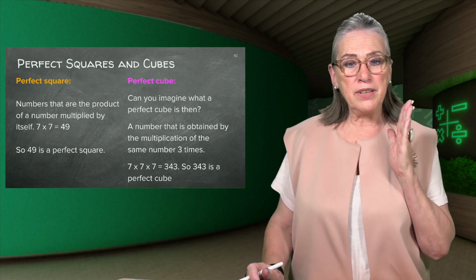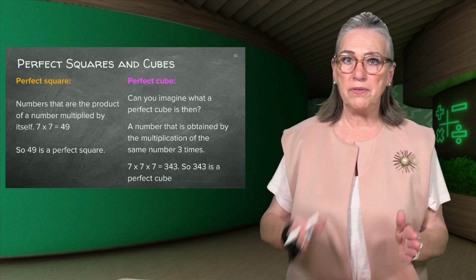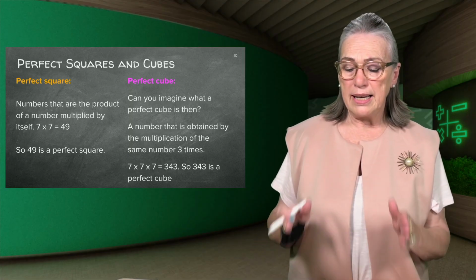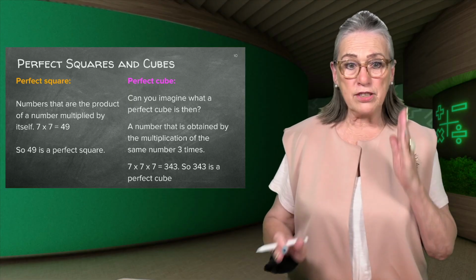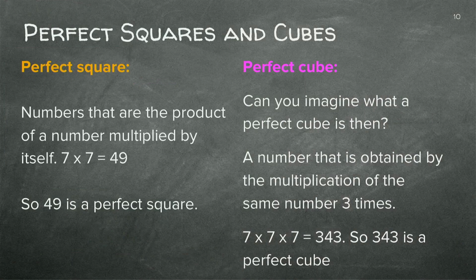Now, what is a perfect square and a perfect cube? I will explain. A perfect square is a number that is the product of a number multiplied by itself, right? So 7 times 7 is 49. So 49 is a perfect square, okay?